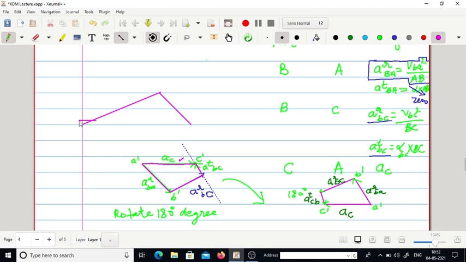Here we have a slider, this is a turning pair, here we have a turning pair, here we have a turning pair, and here we have a prismatic pair.